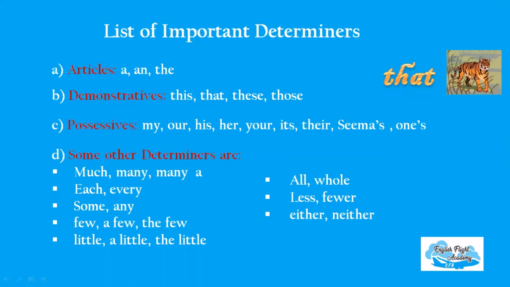Some other determiners are much, many, many-a, each, every, some, any, few, a few, the few, little, a little, the little, all, whole, less, fewer, either, neither. I'll be dealing with each one of them in detail in part 2. So let's move on.